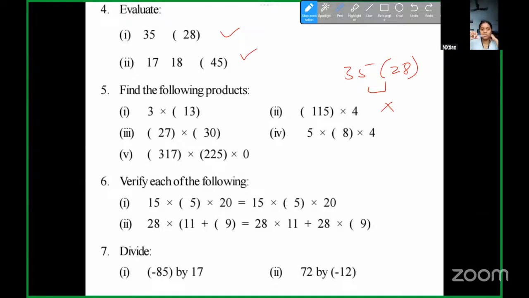Ma'am, when I tried multiplying, the answers were different from the book. Then that means that signs are missing if the answers are different.